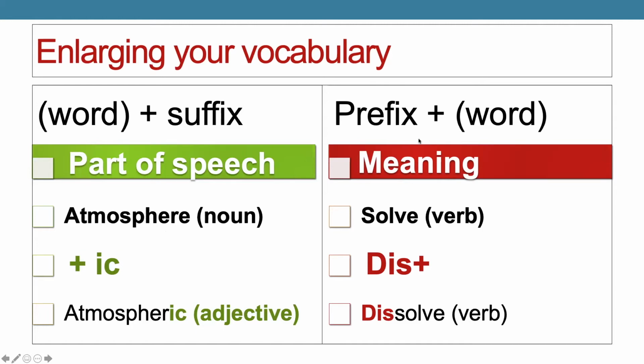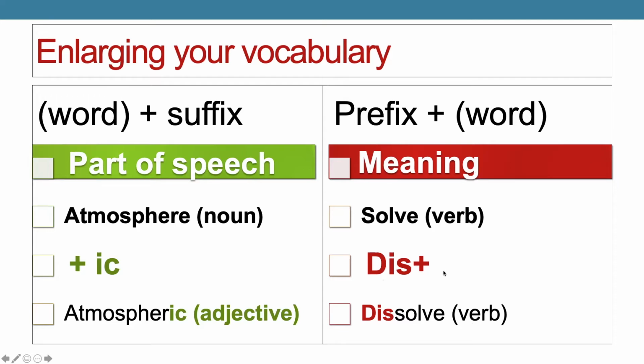And then in a similar way, you have a prefix, un prefijo, su nombre lo indicaba antes, prefijo. You have a prefix and then you add it to a word. And what happens? You change the meaning of the word. For instance, here you have the verb solve, and then you add the prefix dis, and you get dissolve, which is also a verb, but means something else.